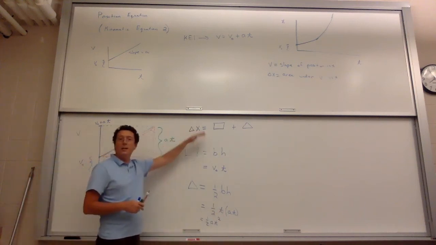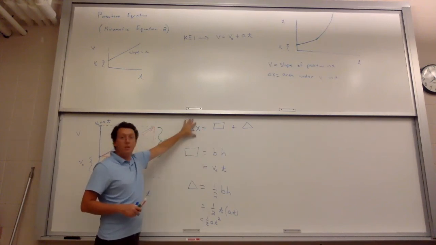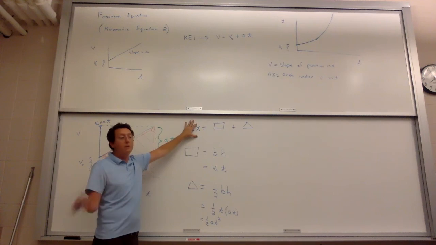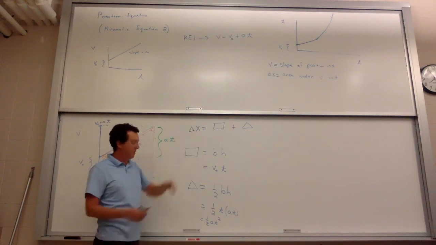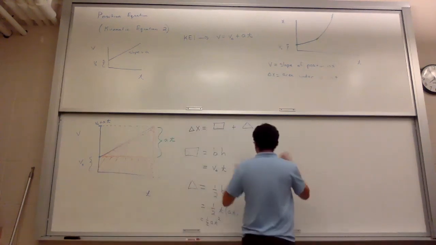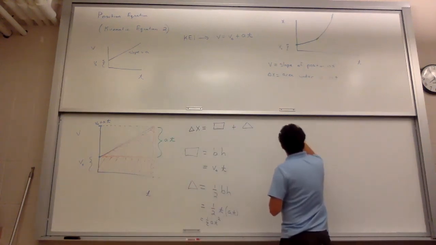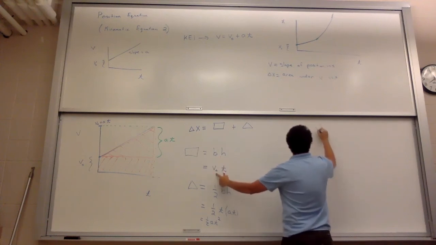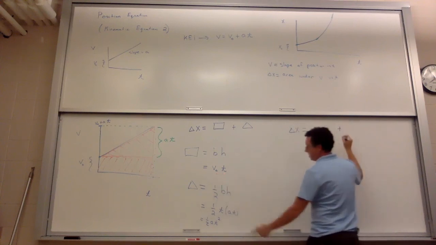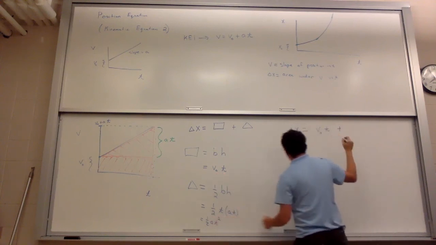I just can pull it together. The formula for the change in position, whenever the acceleration is constant, as a function of time, is delta x equals v initial t plus 1/2 at squared.